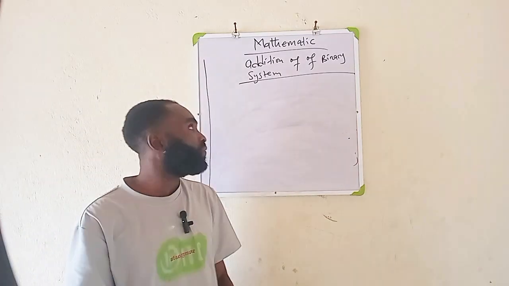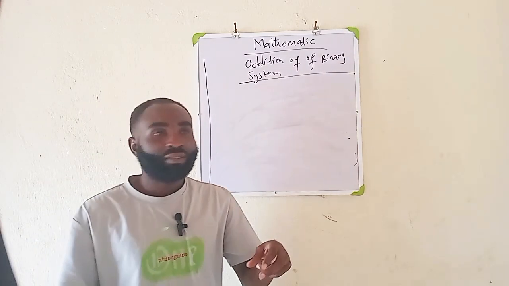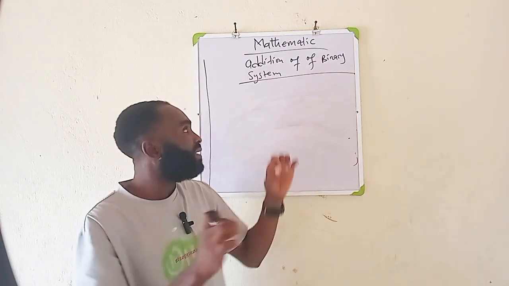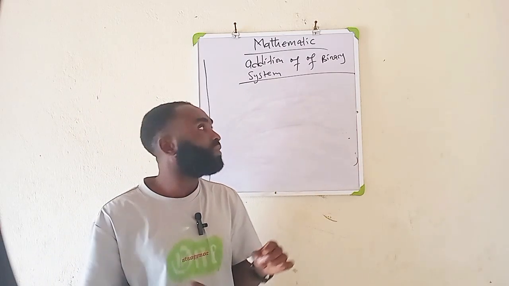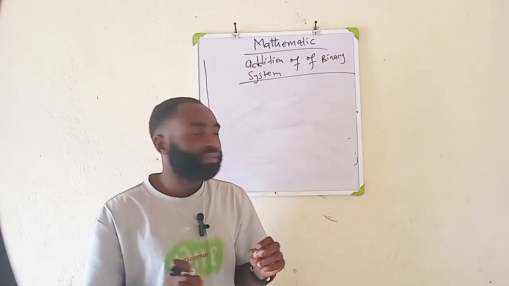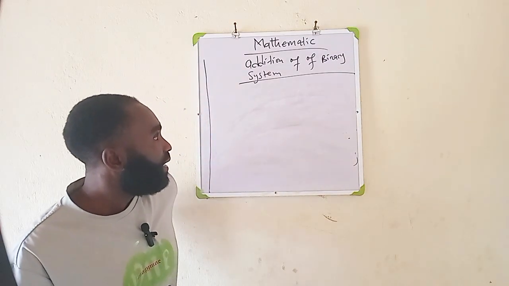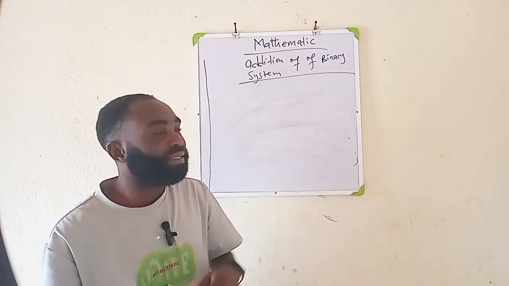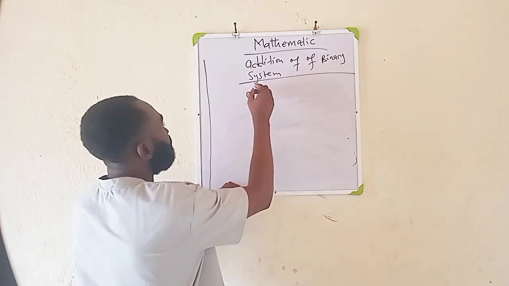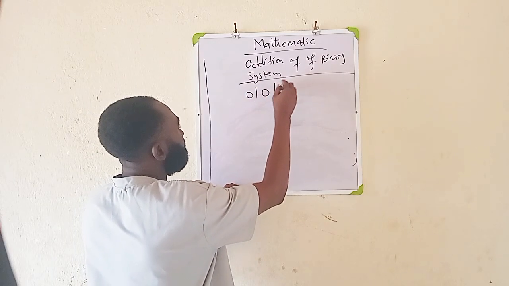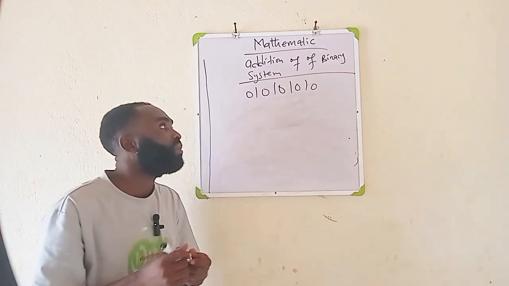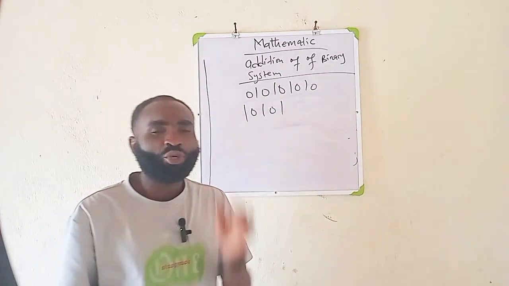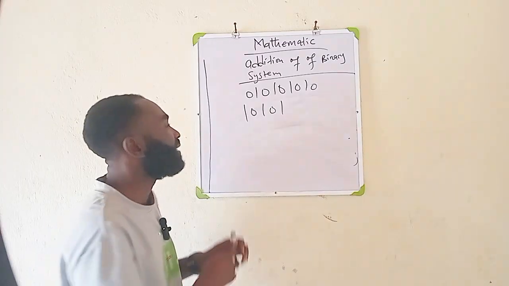In the binary system, each digit is called a bit, which is short for binary digit. These are the only 2 digits we have in binary.